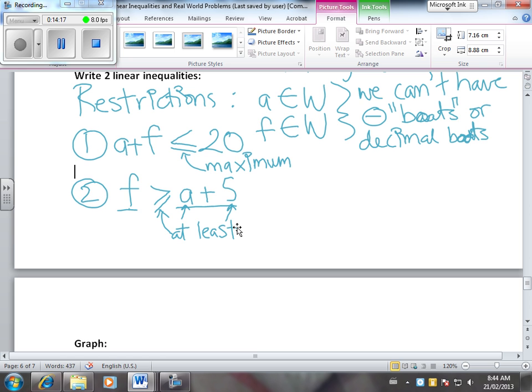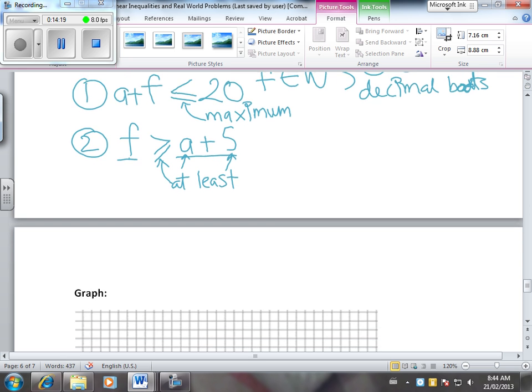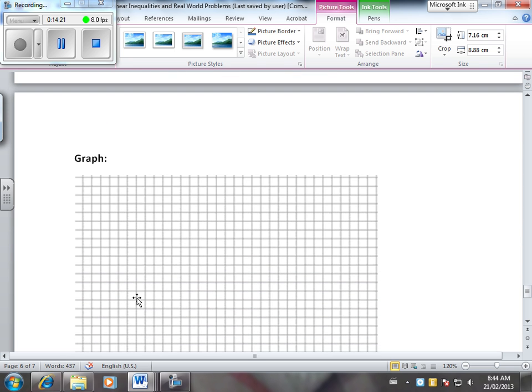And then we can graph that. First, to graph it, we have to put our inequalities into slope-intercept form. So F greater than or equal to A plus 5 is already in slope-intercept form, y equals mx plus b.